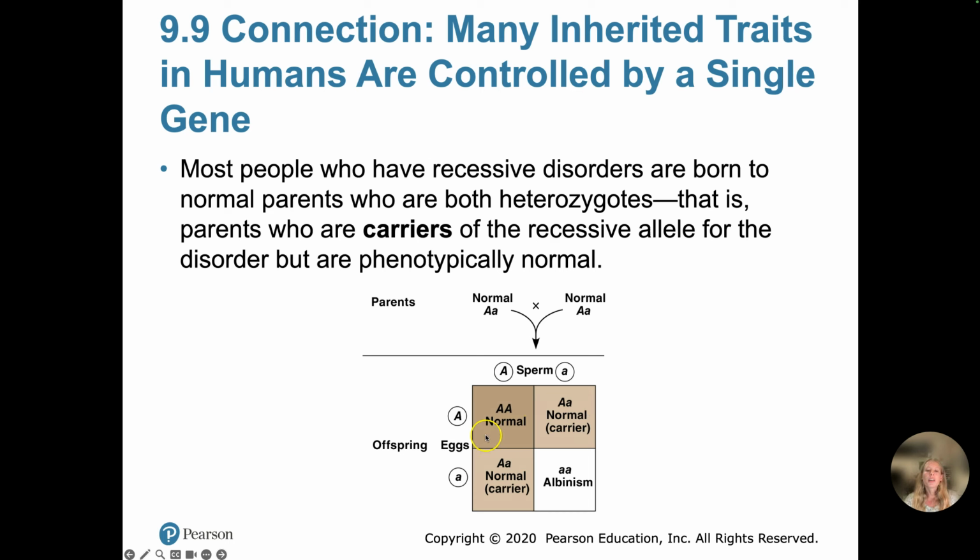And then they have a 25% chance of having a child that is completely normal and does not even carry the albinism trait. So this is how recessive genetic diseases and disorders stay in the population: they are passed down through carriers. And even if two carriers have a kid, there's only a 25% chance that that kid will be affected. So those traits stay in the population.